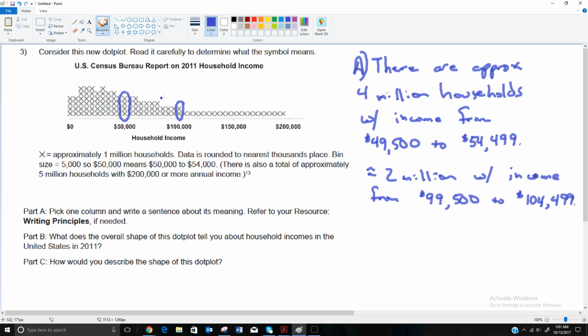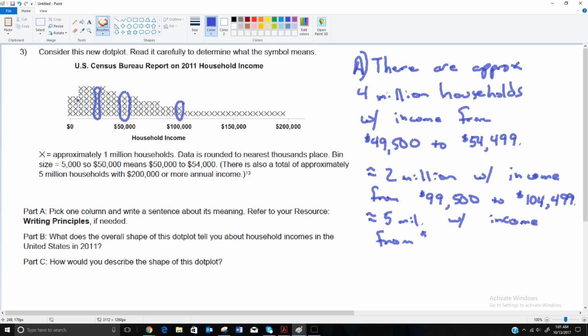Let's do one that's sort of in the middle because they're a little bit more complicated. So let's do this one. We have to figure out where it starts. There's 1, 2, 3, 4, 5. So there's about 5 million with income from, what would this be?